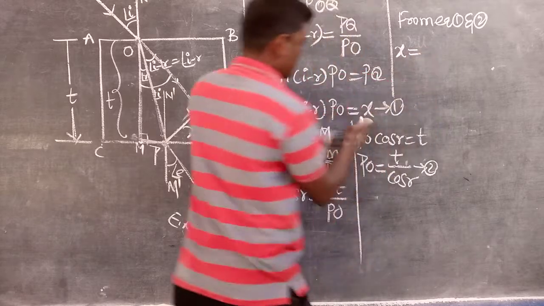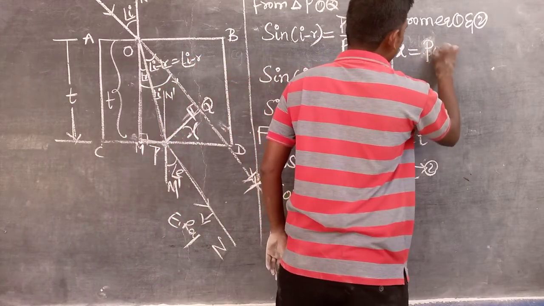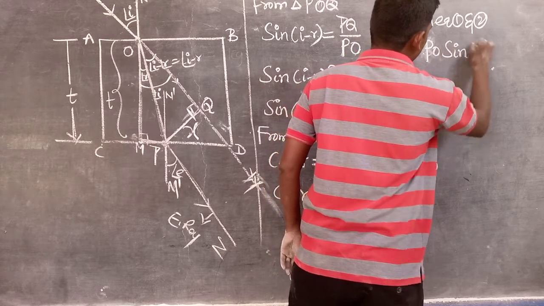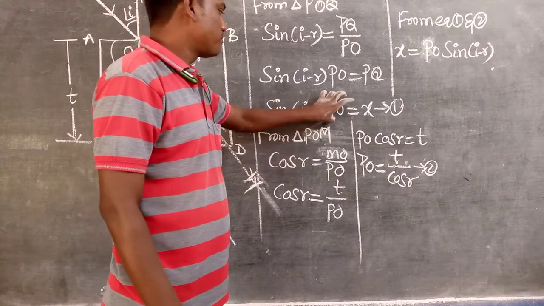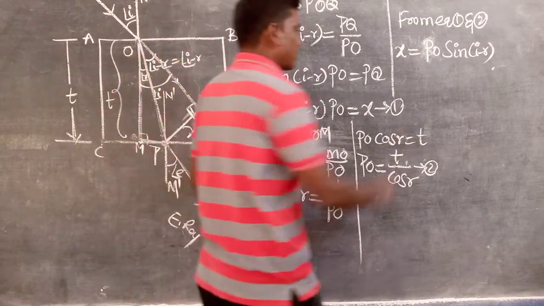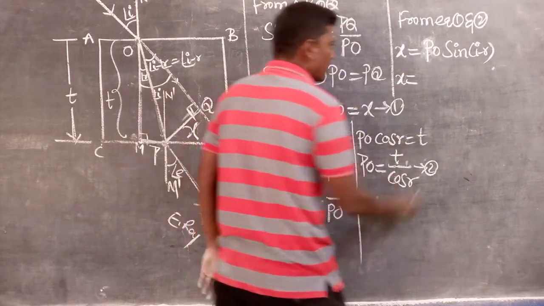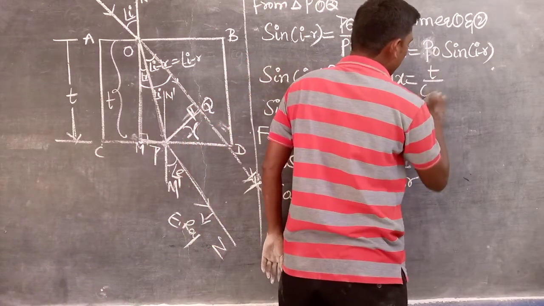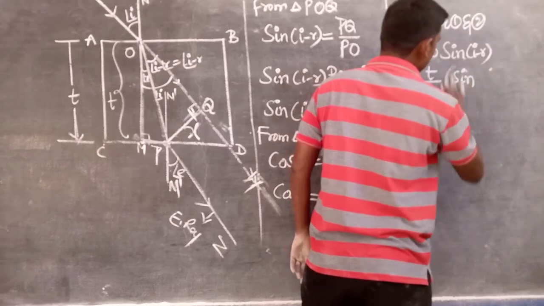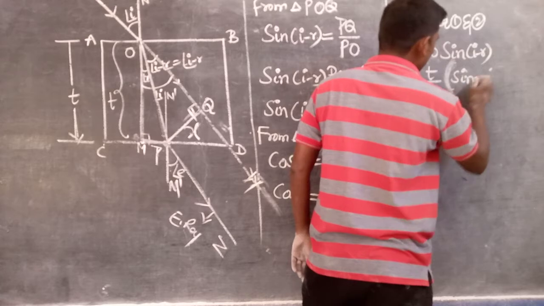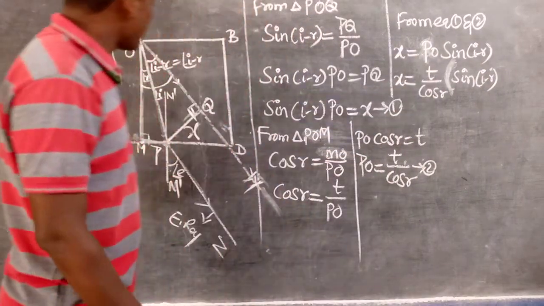X is equal to PO sine of I minus R, for simple purpose. X equals PO sine of I minus R. Then X is equal to, what is the PO value? T upon cos R, T upon cos R into sine of I minus R.